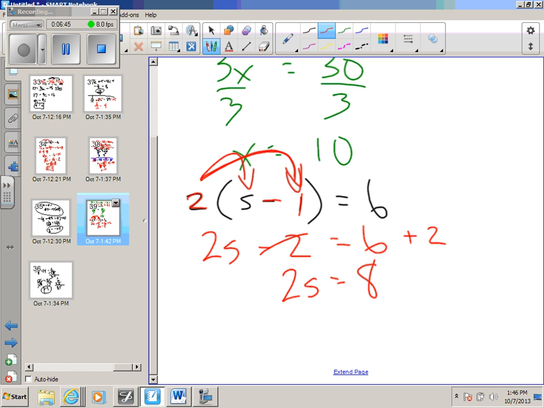That's just the way it is. I have to accommodate it that way. Divide both by 2. S equals positive 4. Check it. 4 minus 1 is what? On the inside of the parentheses? 3. 2 times 3? 6.